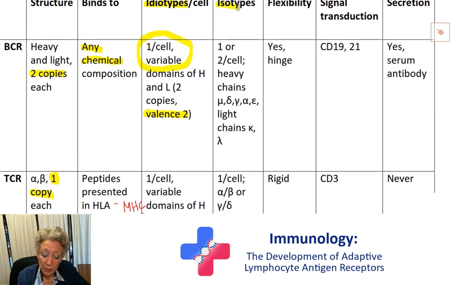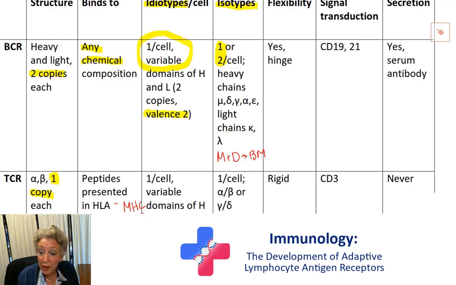The isotypes per cell, when we're talking about the receptor, B cells are capable of having either one or two, depending on their time of development. You probably remember that mature but naive B cells coming out of the bone marrow will have two. They will have molecules of M and D on their surface when they come out of the bone marrow.